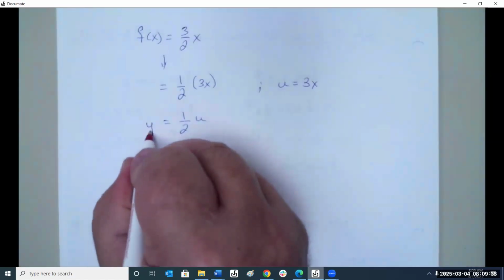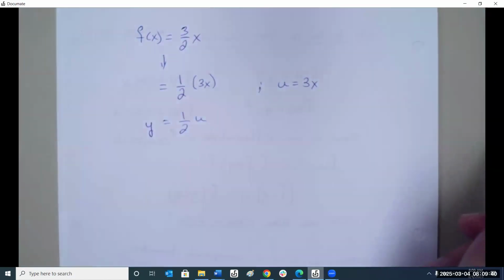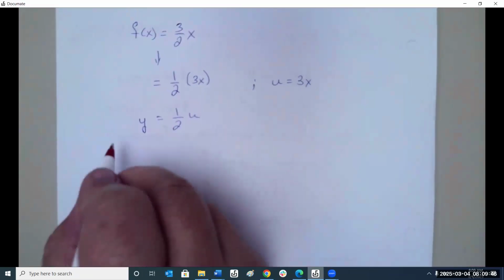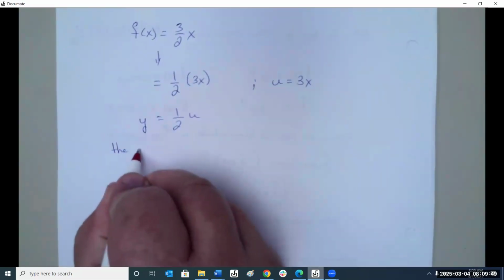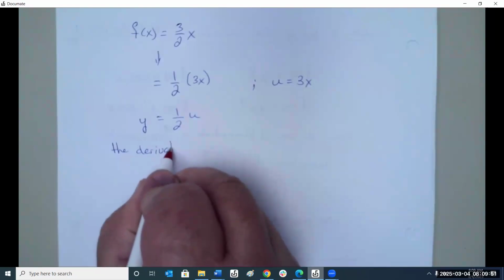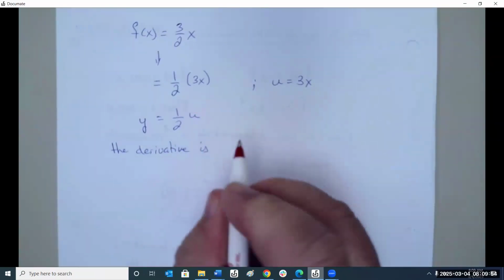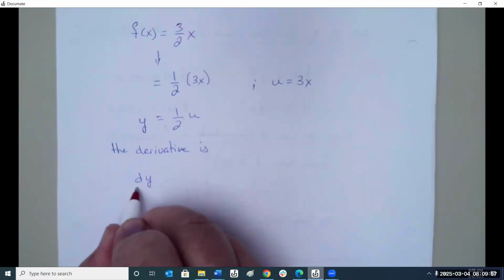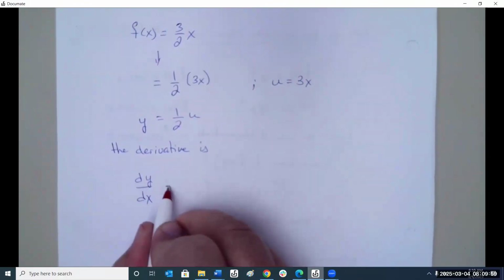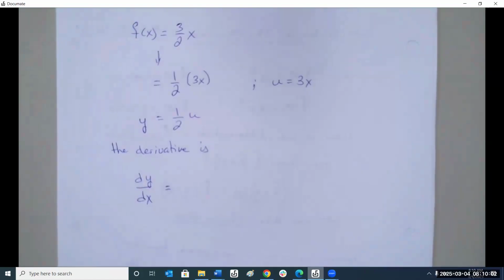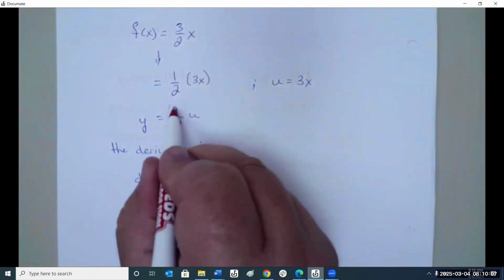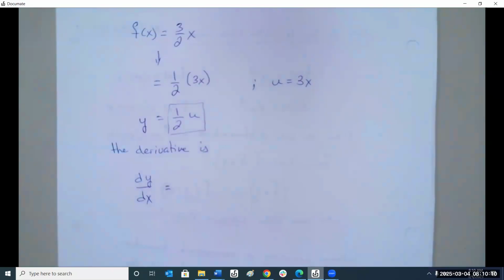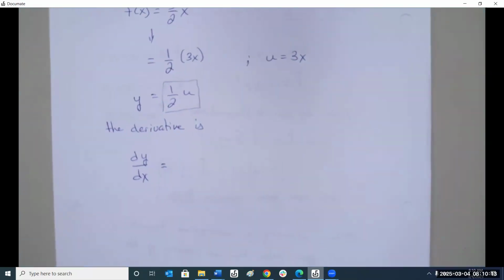So to make it easier, make this a y instead of f of x. So we're going to try to find dy dx, the derivative of y with respect to x. But our function is made up of this, because we have a function within a function.